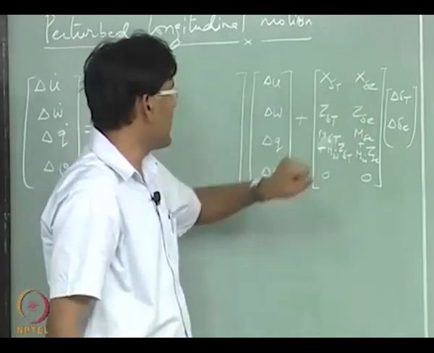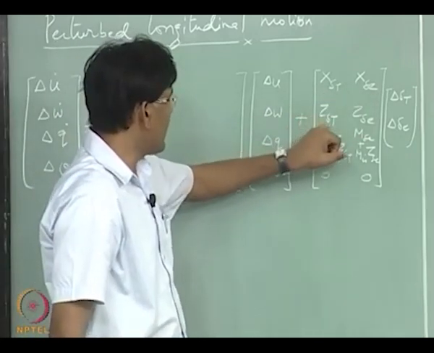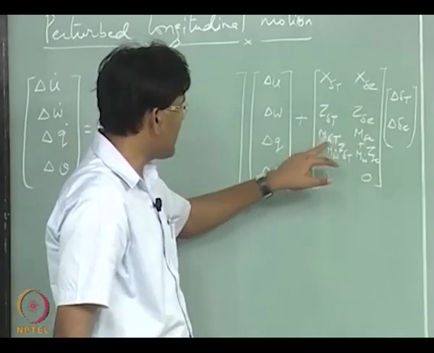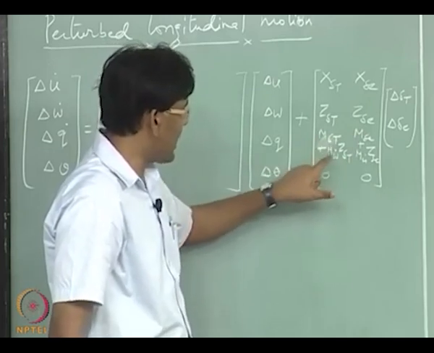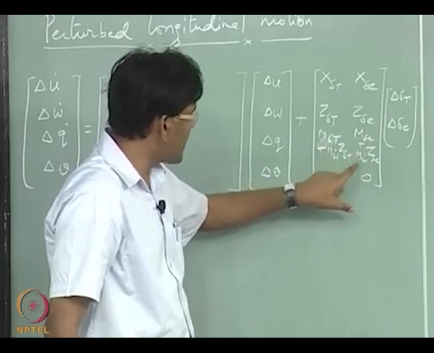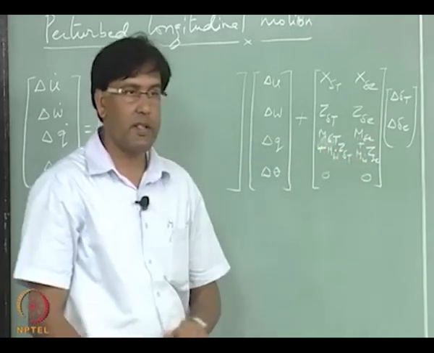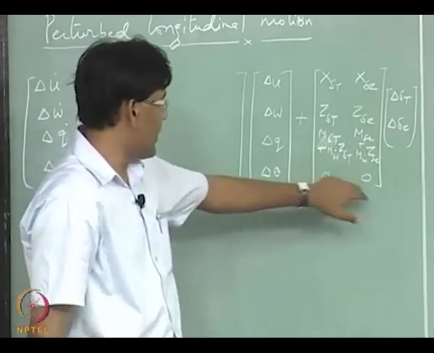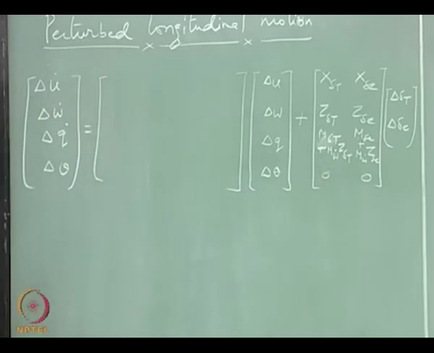X delta t, X delta e, Z delta t, Z delta e, M delta t plus M w dot Z delta t, M delta e plus M w dot Z delta e, and 0 0.